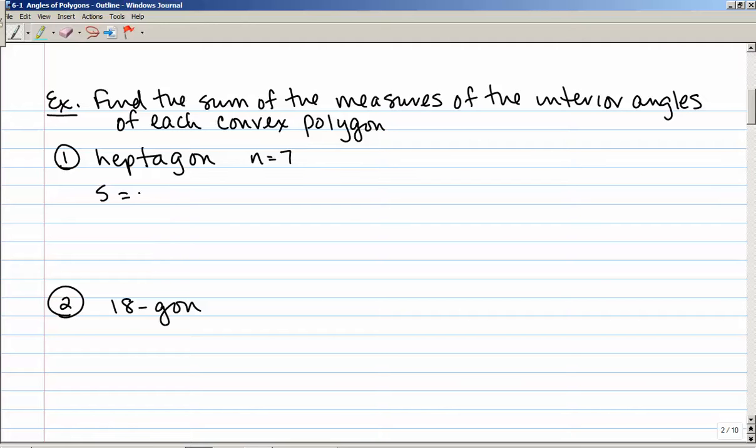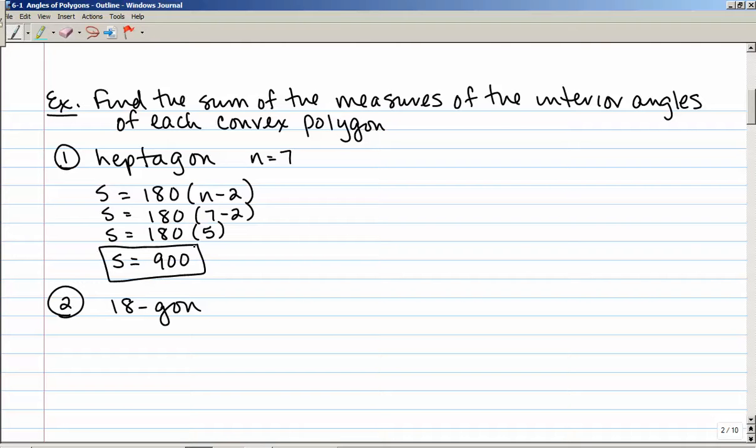So I'll use my formula, S equals 180 times (n minus 2), and plug in 7 for n. So S equals 180 times 5, or the sum of the interior angles of a heptagon is 900 degrees.